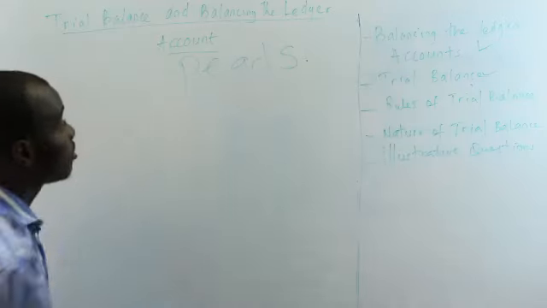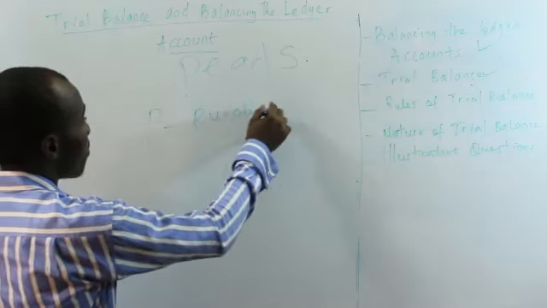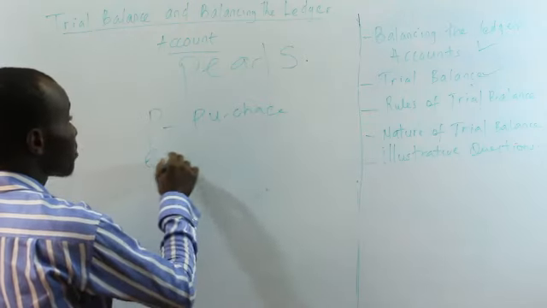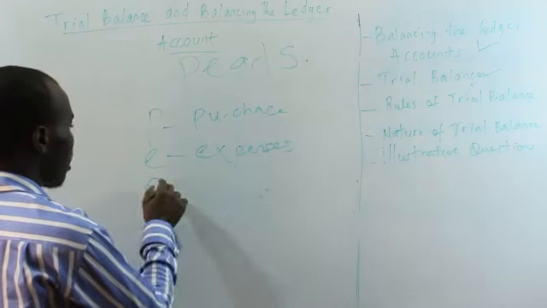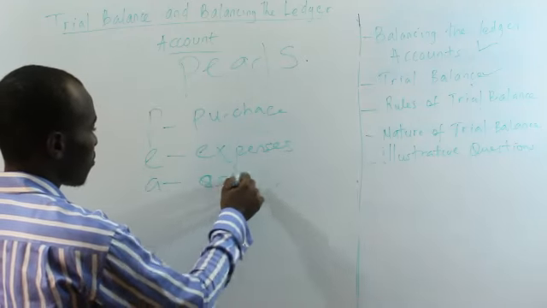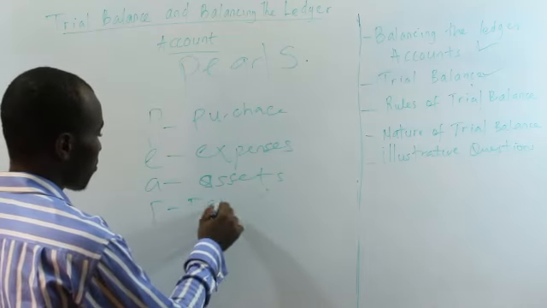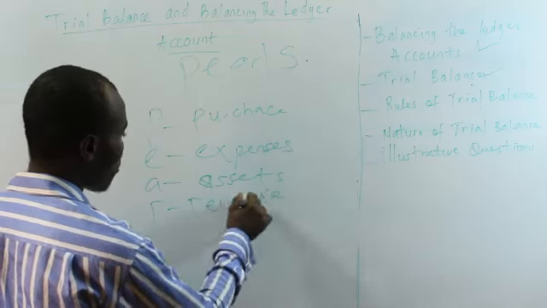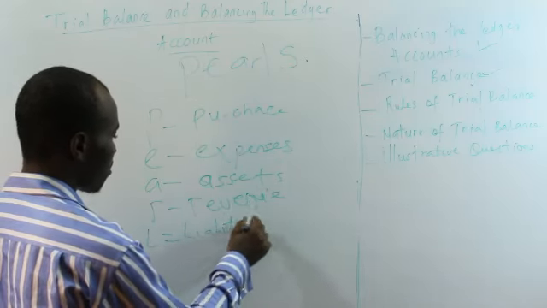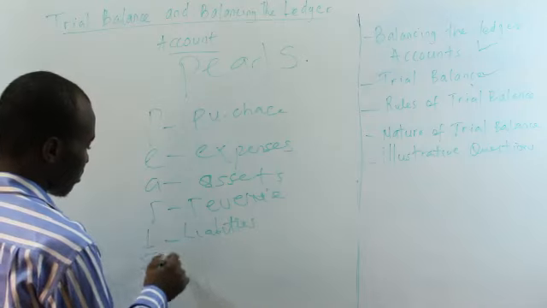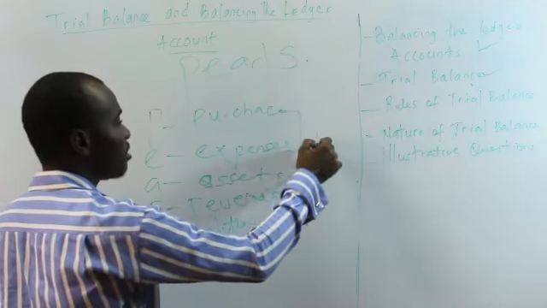So we can take P as purchase, E as expenses, A as assets, R as revenue or income, L as liabilities, and S as sales. So the first three must be debited.